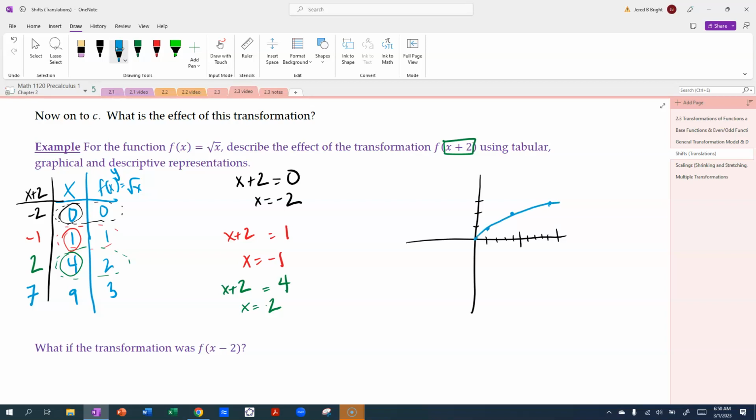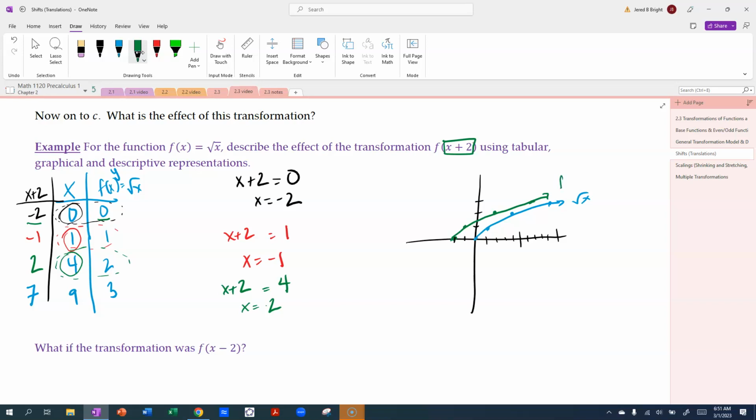There is my square root of x function. Then I have the point negative 2 comma 0, negative 1 comma 1, and then over here. So here would be my new function.